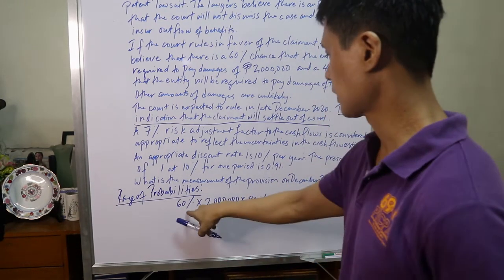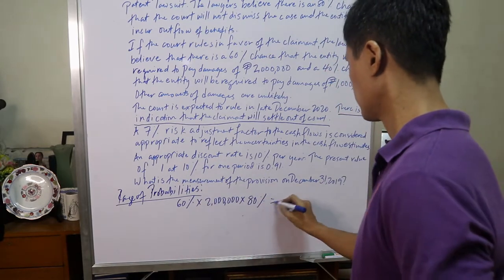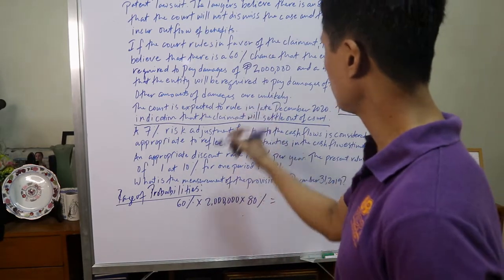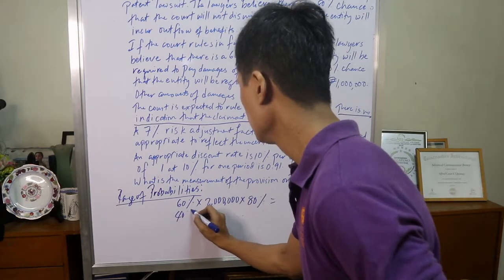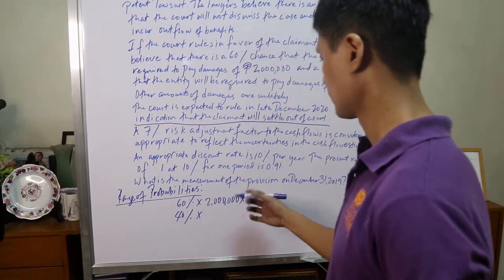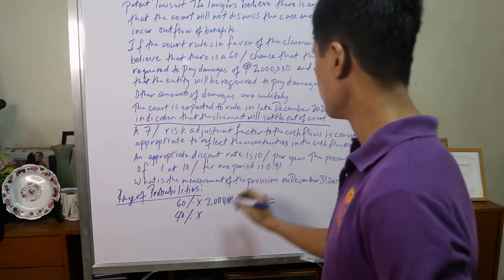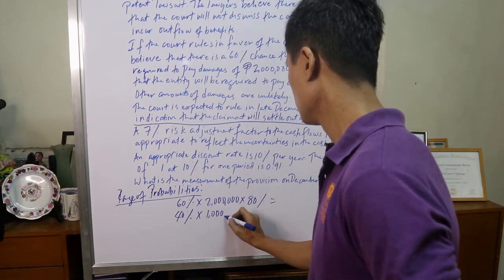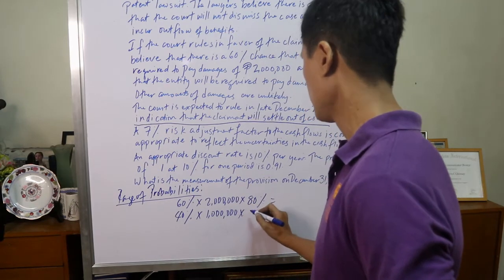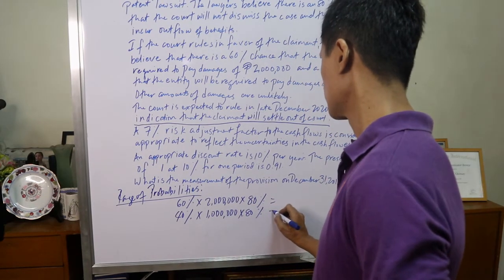Okay, ito lang yung expected cash flow, 60% na yan. Okay, and then yung isa naman is 40%. This is the expected cash flow, yung isang estimate. So that is 1 million. 1 million yung babayaran niya. And ito naman yung probability, 80%.